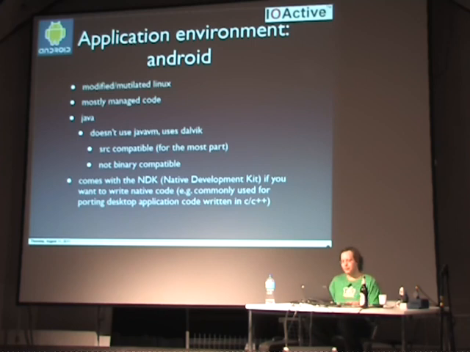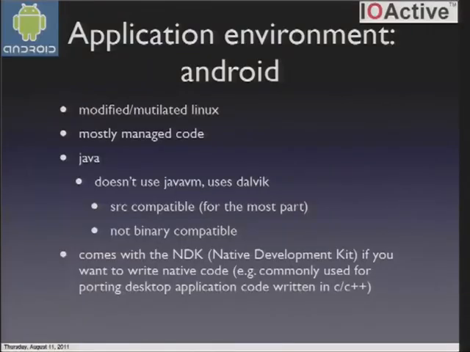Android also comes with what's called the NDK, the native development kit, which allows you to write C and C++ code for Android applications. This feature was mostly introduced to port stuff from desktop and server apps to Android, and so there are very trivial to use interfaces from Java to C and C++.